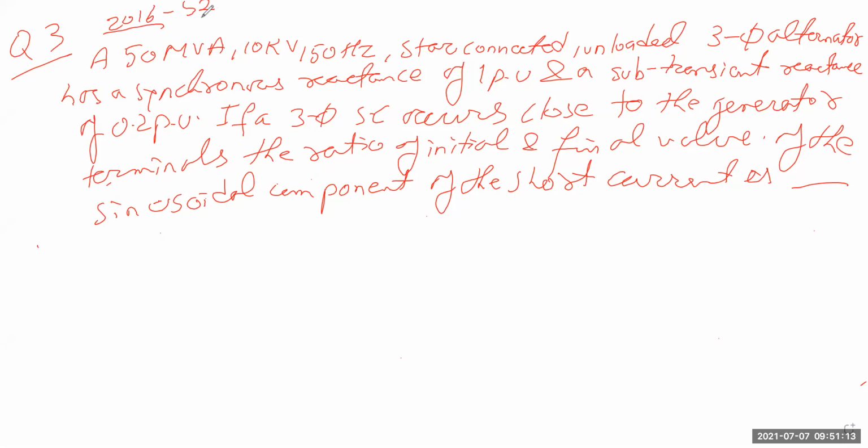We know the formulas: the current I double dash equals Eg by Xd double dash, and I equals Eg by Xd, the normal condition and the fault condition, meaning the initial value before the fault and after the fault.